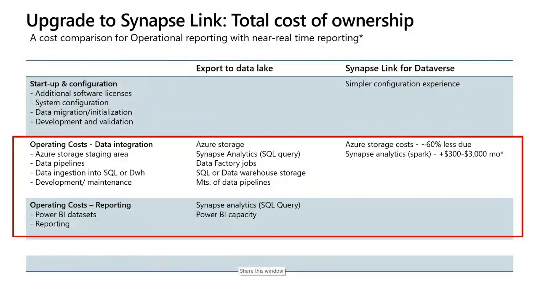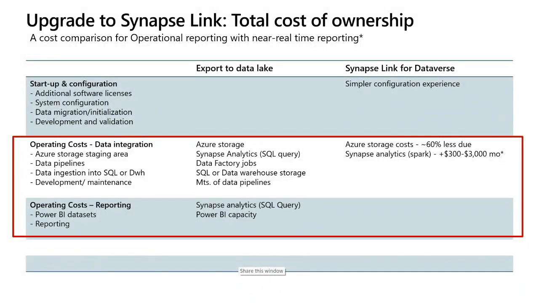Synapse Link, on the other hand, essentially uses the Delta Parquet format natively. So you will have much smaller files because they're compressed, and we'll go into a little bit of detail and show you details there. The idea is you will have to spend some compute to convert to Delta Parquet format.